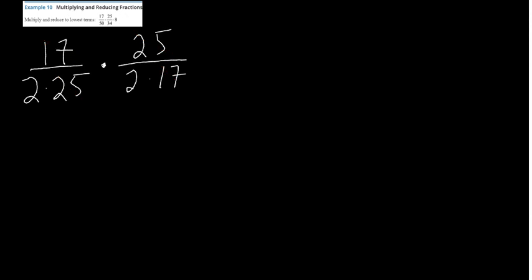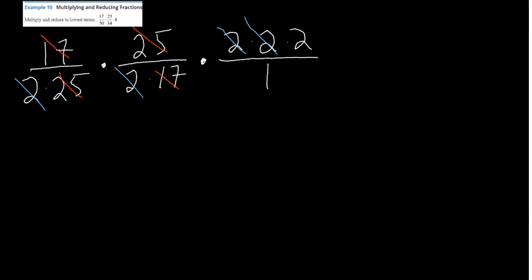Okay, and then 8. Again, 8 can be written as 8 over 1, right? But what we're going to do instead is reduce the 8 into 2 times 2 times 2 over 1. The reason for that is the same reason why I kept the 17s and the 25s in place, so I can cancel out a 2 with a 2 and a 2 with a 2.